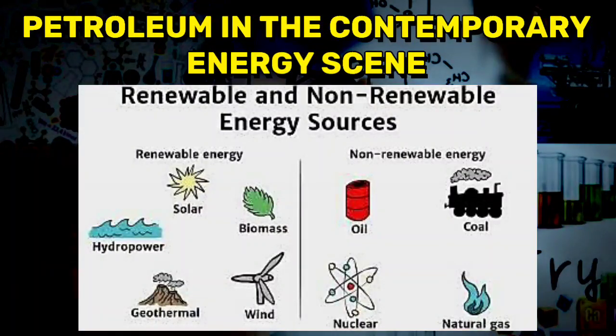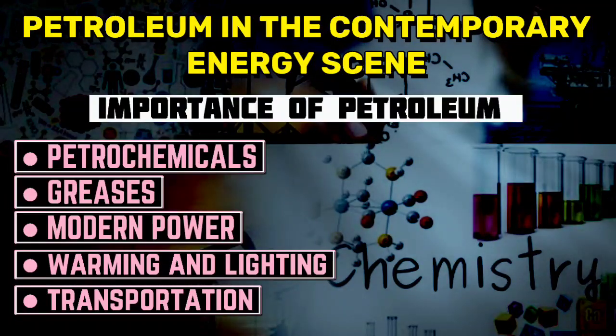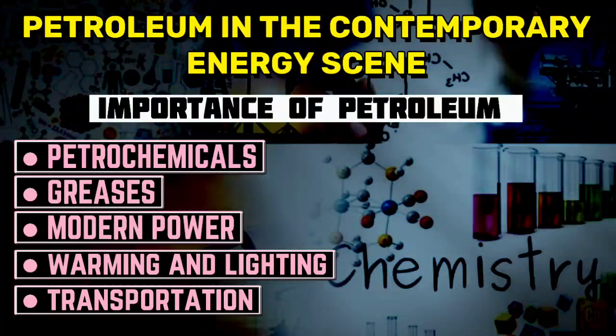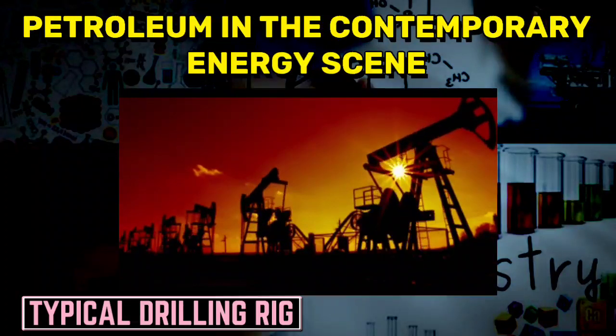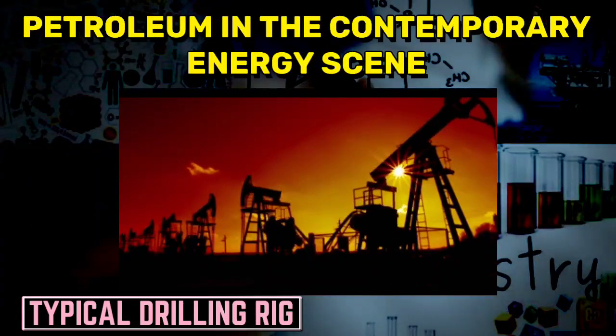So the petroleum in the contemporary energy scene has to do with the emergence of petroleum as a major energy source, and it is one of the primary sources of energy in the contemporary global energy scene.